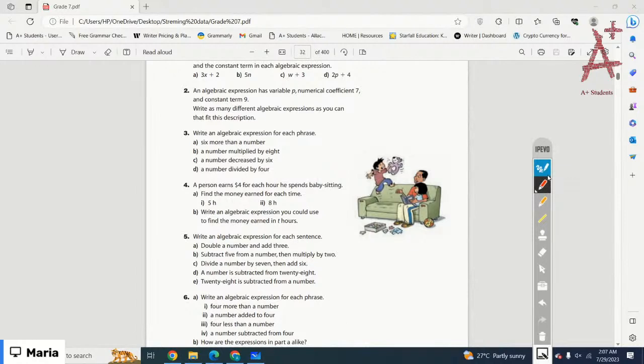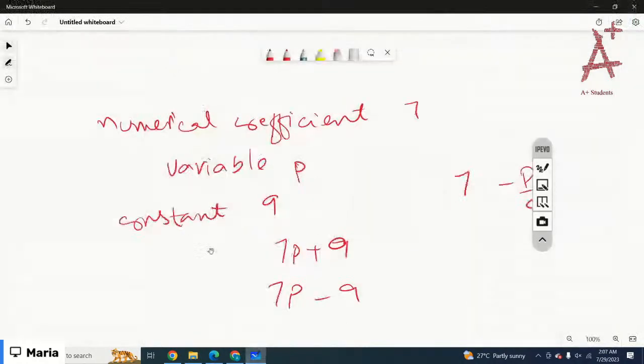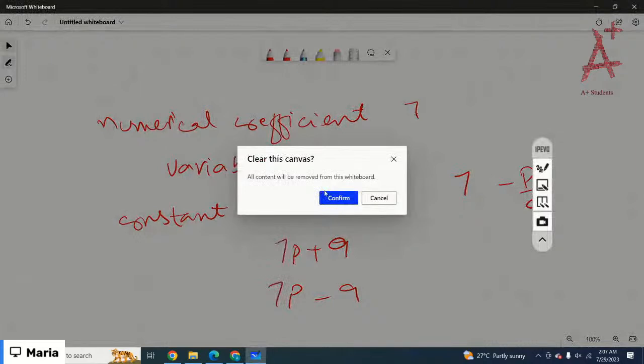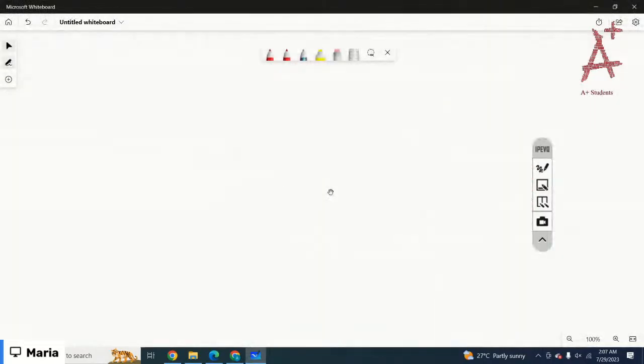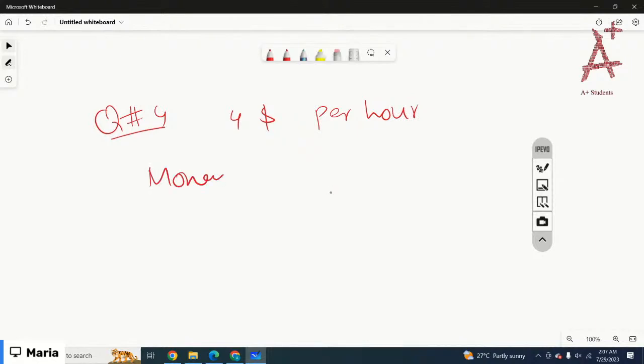Okay. So you need to see how much money he earned if he works for 5 hours. So per hour is 4. You can do 5 times 4. That would be $20. That means if he works for 5 hours, he will earn $20.